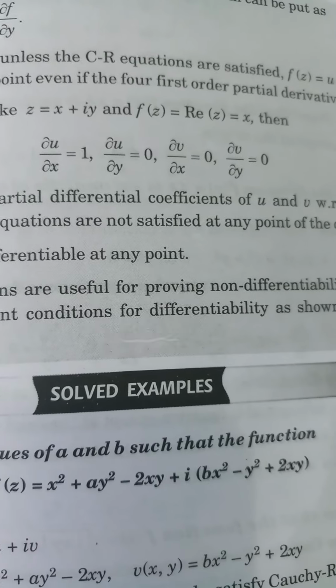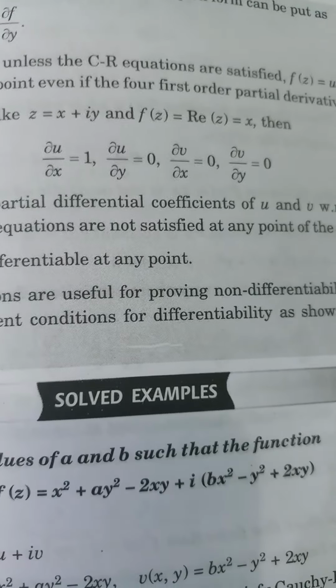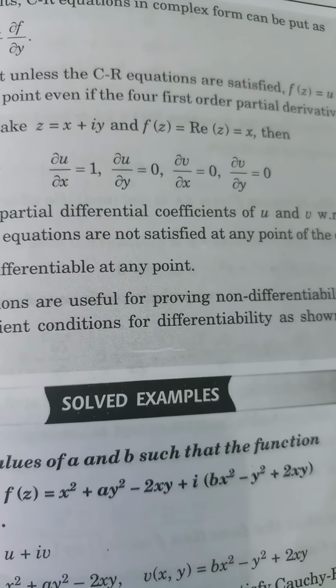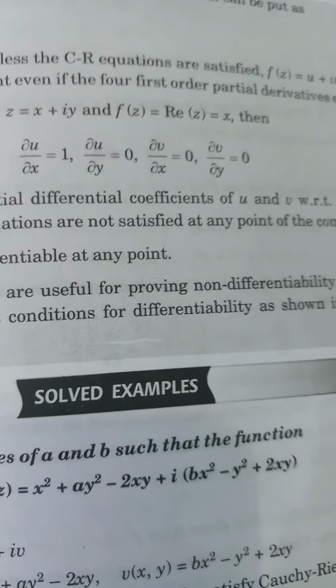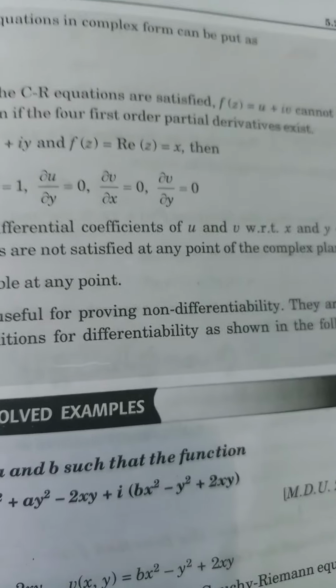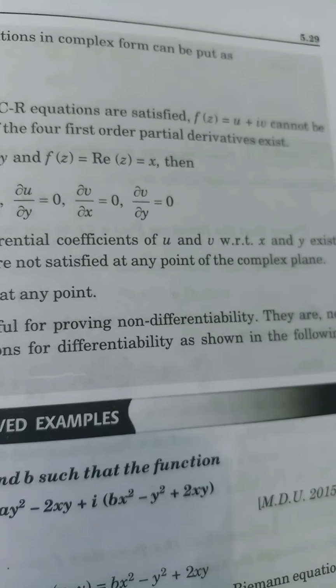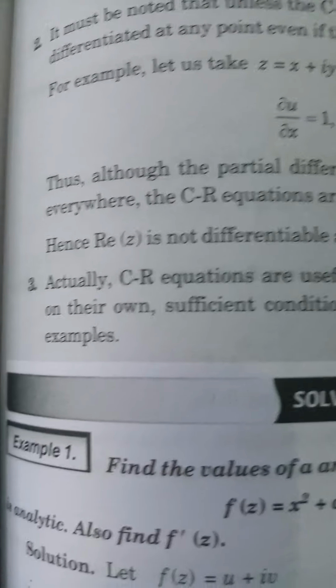So curly u by curly x is 1, curly u by curly y is 0, and the imaginary part is 0. So curly v by curly x equal to 0, curly v by curly y equal to 0.